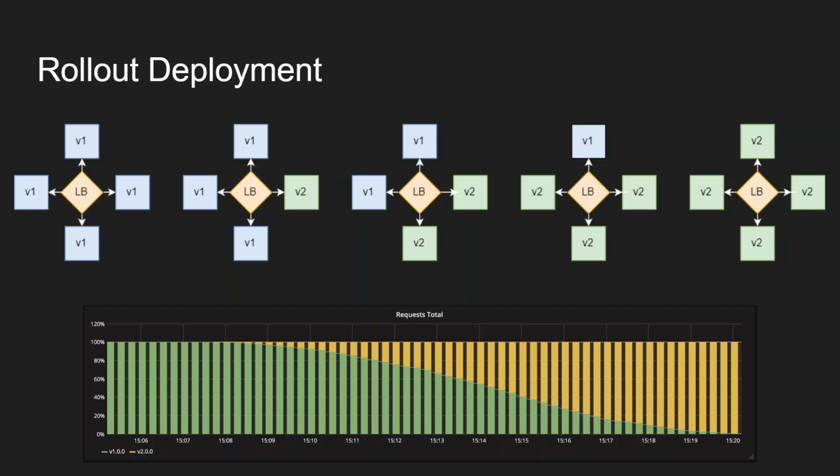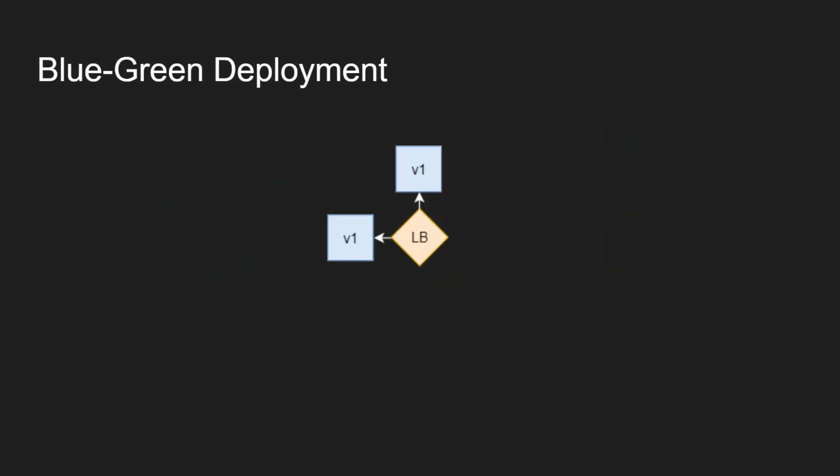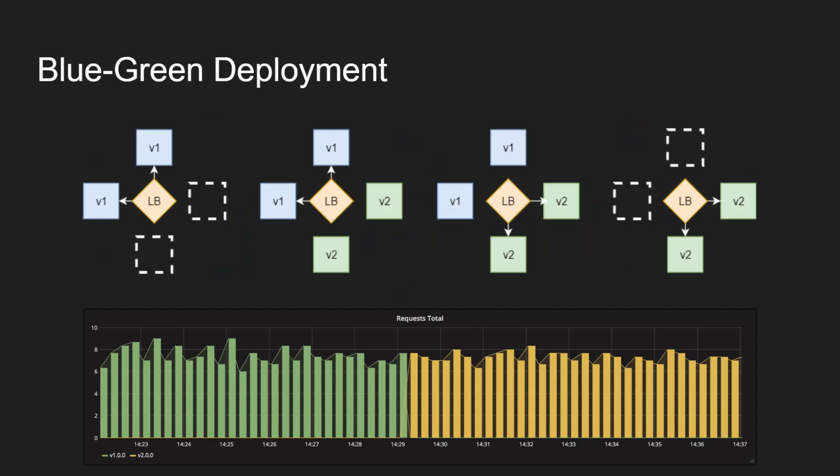In fact, one of the processes for this blue-green deployment is like this. One of the types is that you are creating new pods, for example 2 pods.